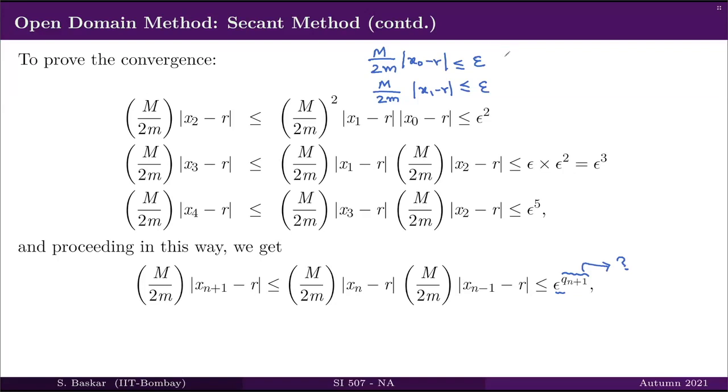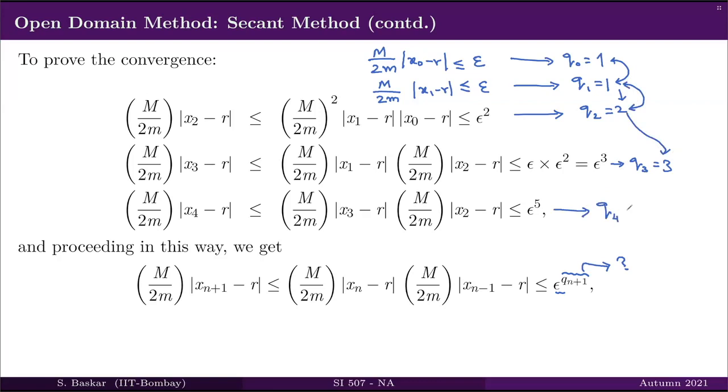So, in the first term, we had q0 equal to 1. In the second one, we had q1 equal to 1 again. In the third case, we had q2 equal to 2. That is the sum of these two terms is what we got as q2. And what is q3? q3 is 3. That can be seen as the sum of these two terms, and q4 is 5.